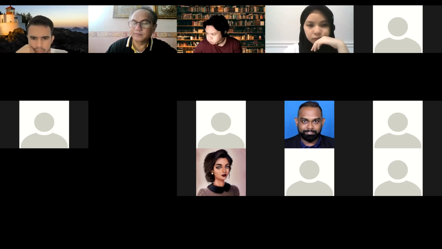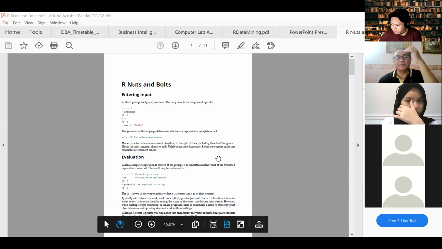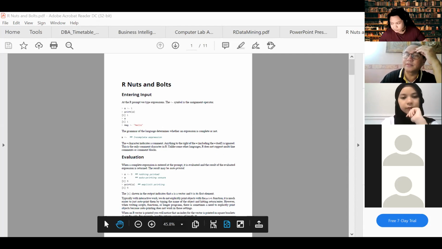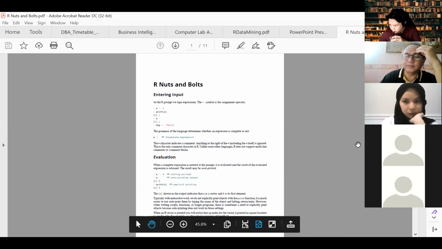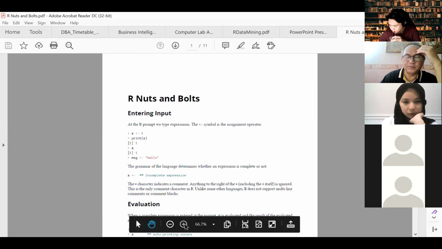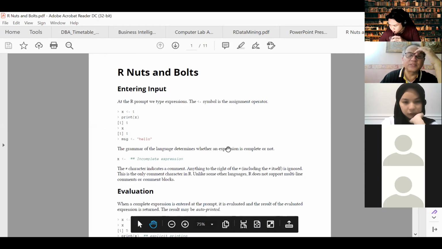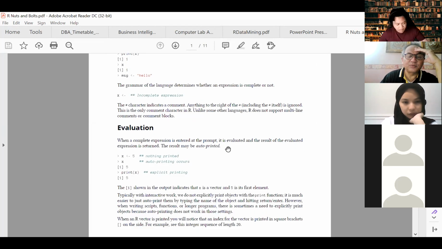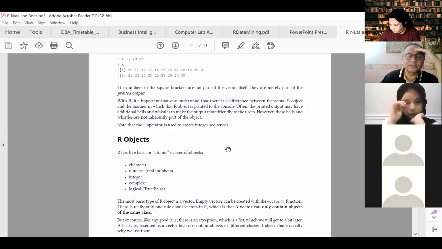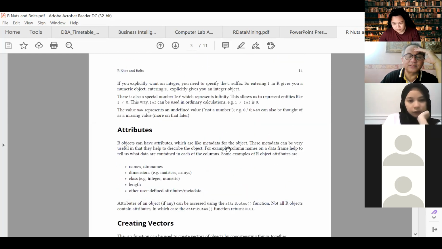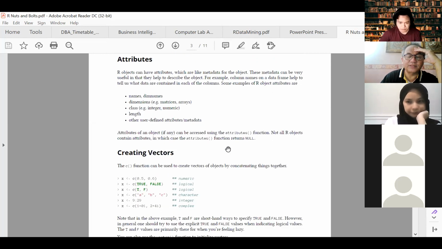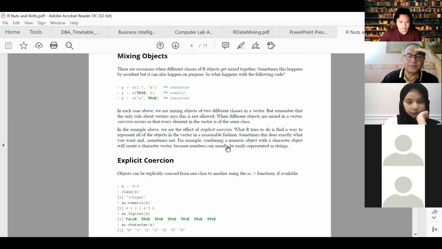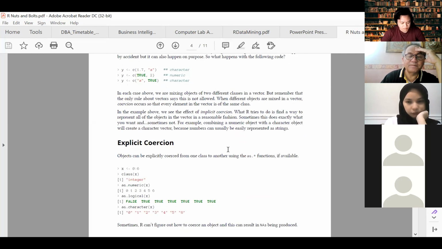We will do the data mining later, but at least you familiarize yourself with the basics of R before we move into working on it. This is how you do evaluation. This is how to do characters, numbers. How do you create vector? It's the same thing, explicit coercion.